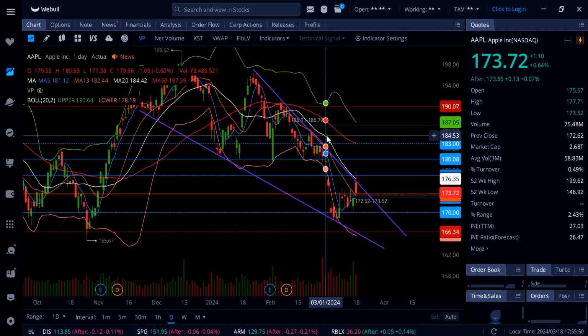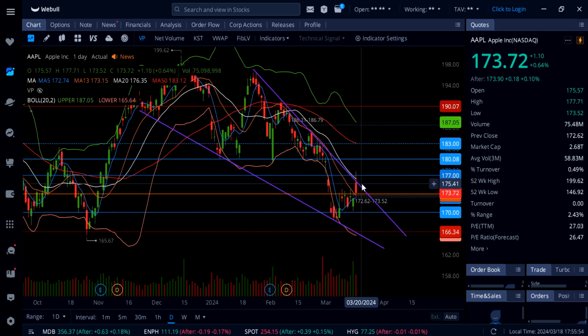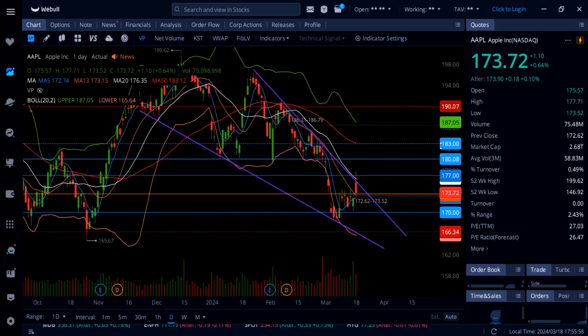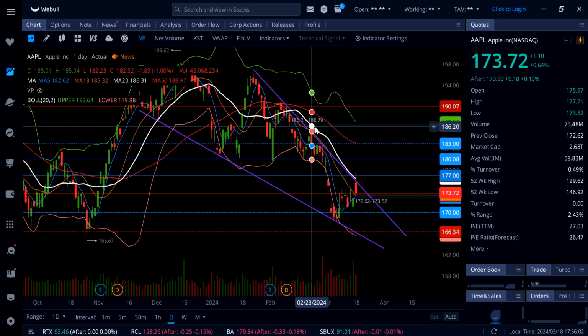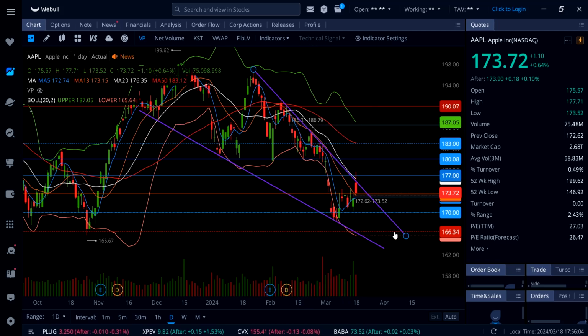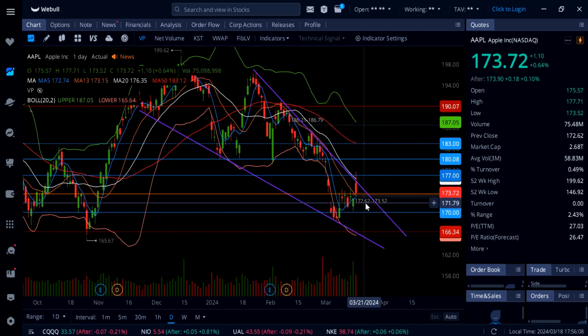And as soon as that happens, you're going to see a real breakout just like Google, and this thing can pump up even more, up to 180, 183, and possibly at some point up to this gap, 186.79. So going into tomorrow's session, watch this support right here, 172.62 gap to 173, and below that we also have strong support at 170.